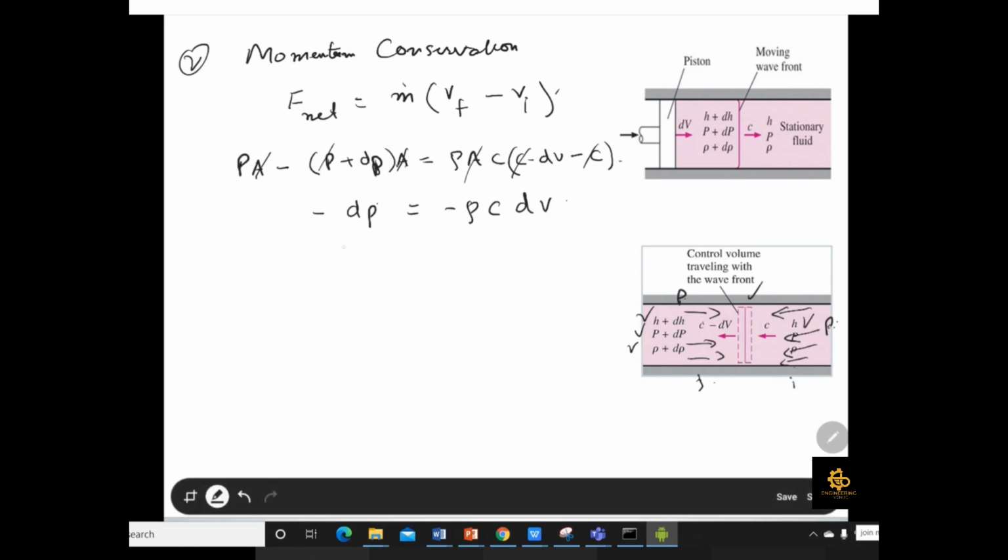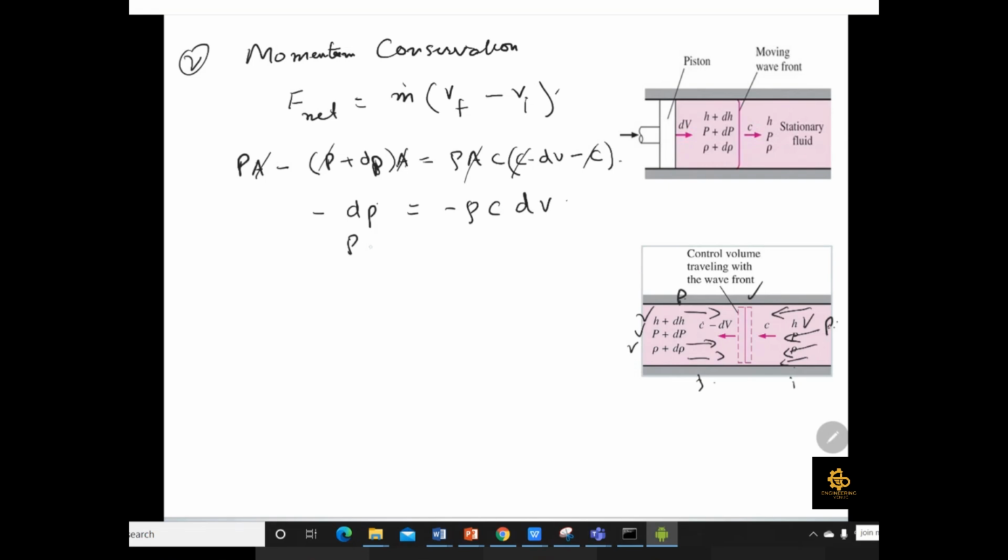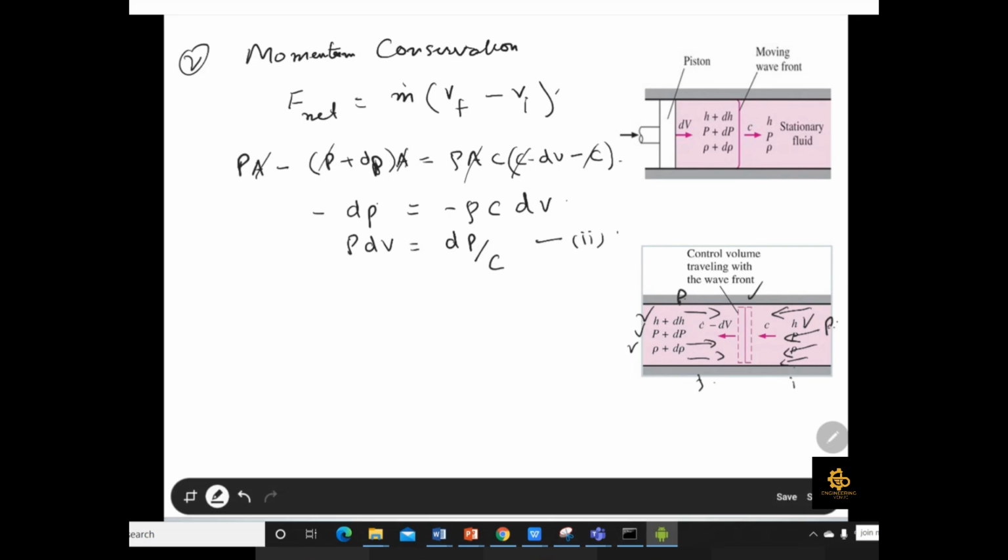So this is another equation and you can simplify it further. Rho dV is equal to dP by C. You can denote this as equation number 2. You already remember that we built equation number 1 on the previous slide.